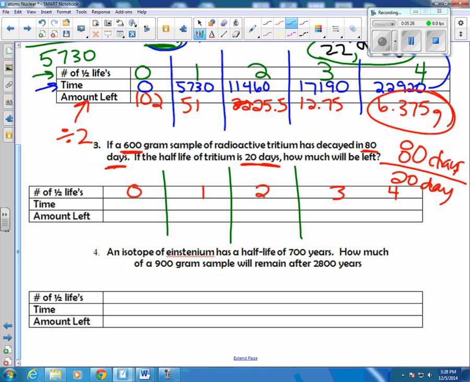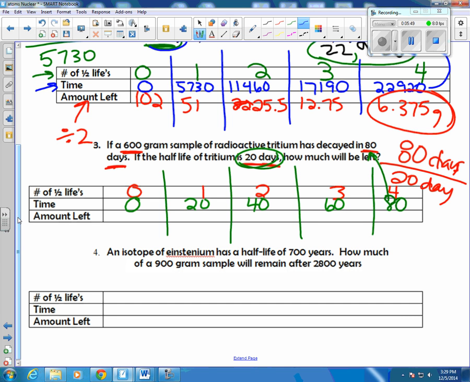In the beginning, we start with 0. 1 half-life is 20 days. 20 plus 20 gives us 40, plus another 20 is 60, and another 20 is 80. We double check, and with 80 days, we're good. This one, the numbers are a little bit easier, but it's the exact same thing.